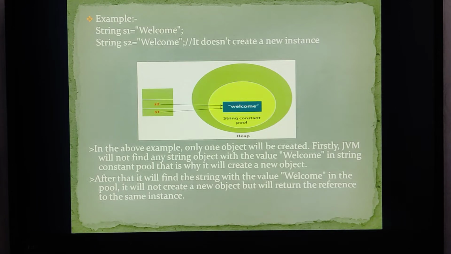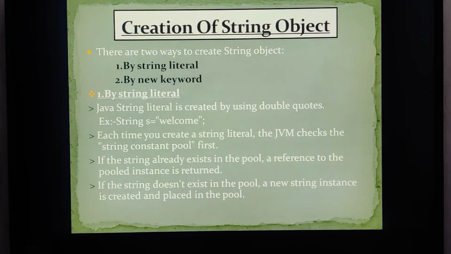When I create another string s2 with the same value welcome, it does not create a new instance. What we learned in the previous slide: each time you create a string literal, the JVM checks the string constant pool first. First time welcome is not there, now welcome is there. So if the string already exists in the pool, a reference to the pool instance is returned.